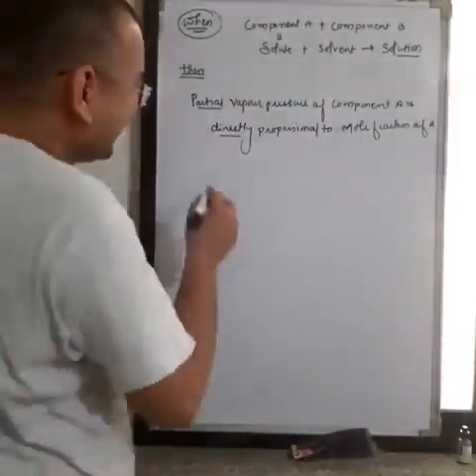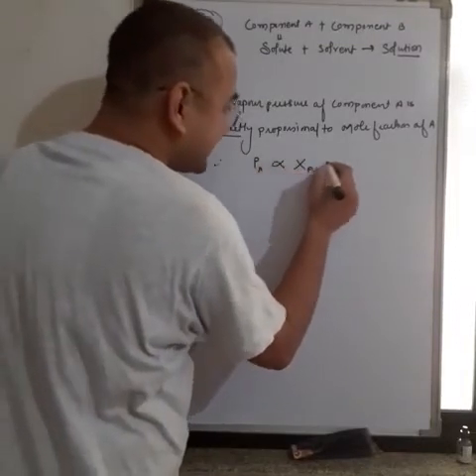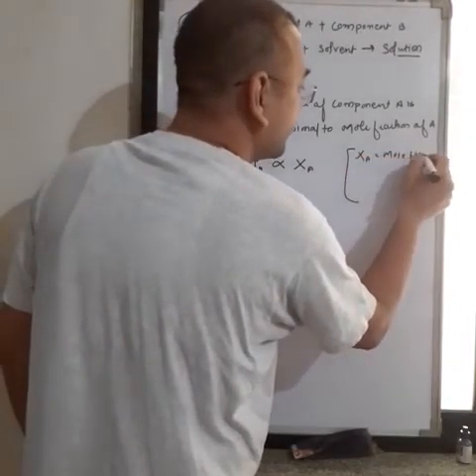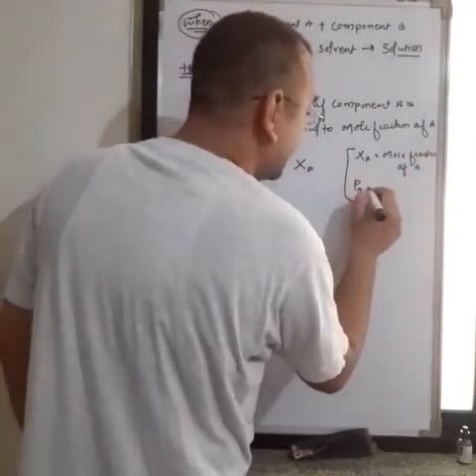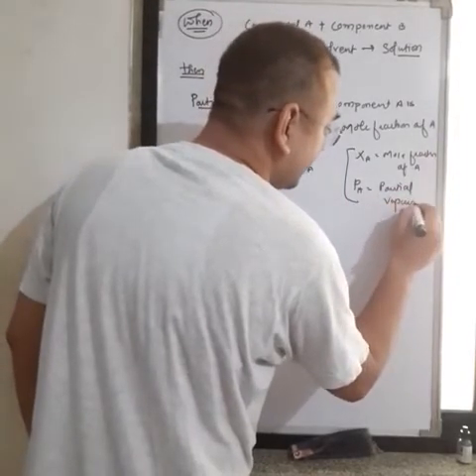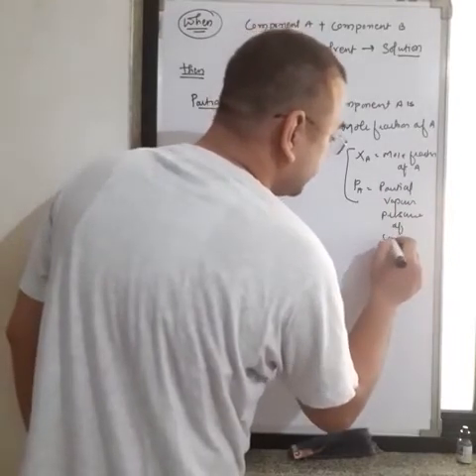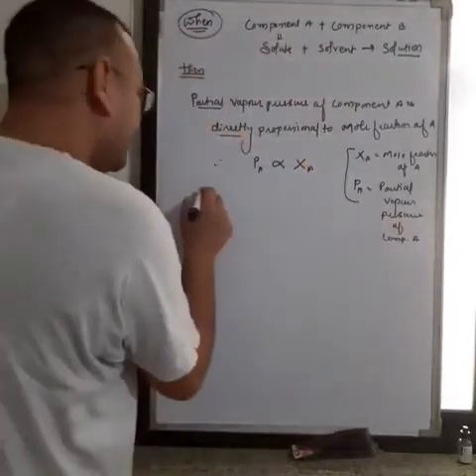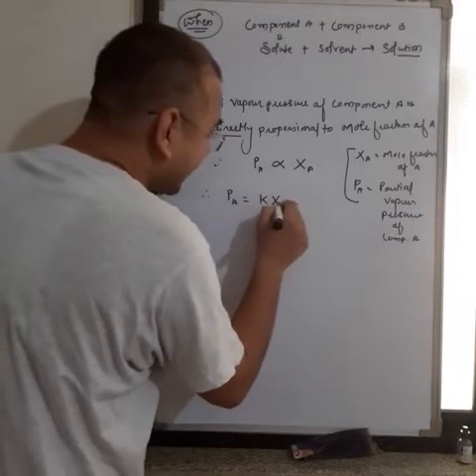Got it? So we can say that PA is directly proportional to XA, where XA is the mole fraction of A and PA is the partial vapor pressure of component A. Here we can write PA is equal to K XA.